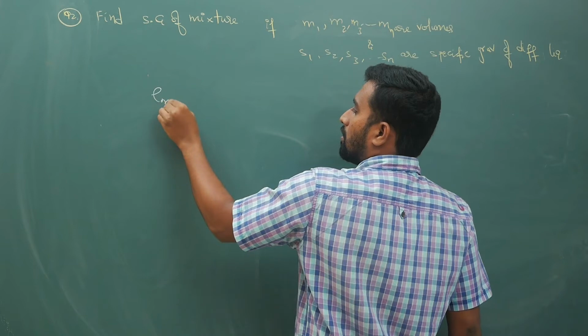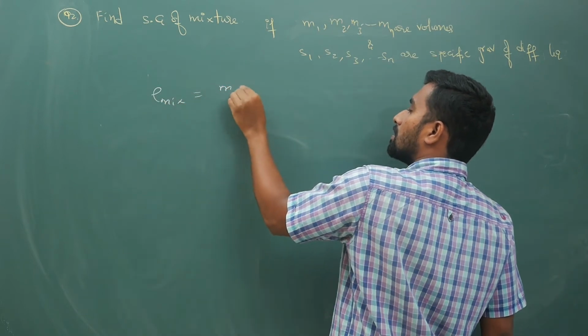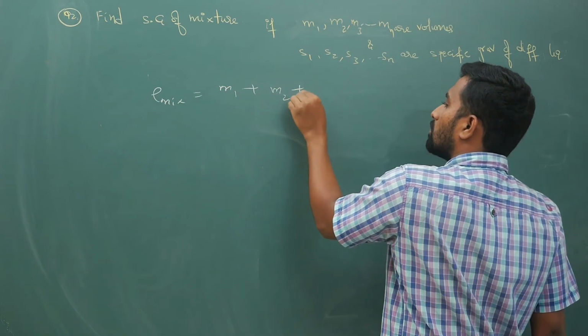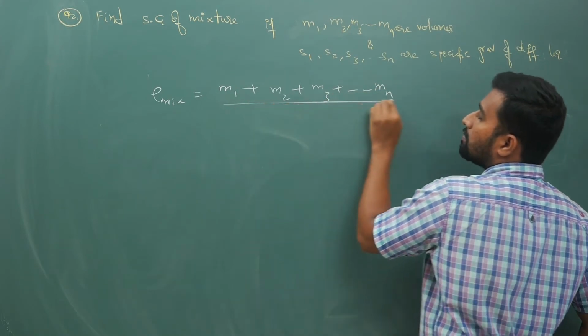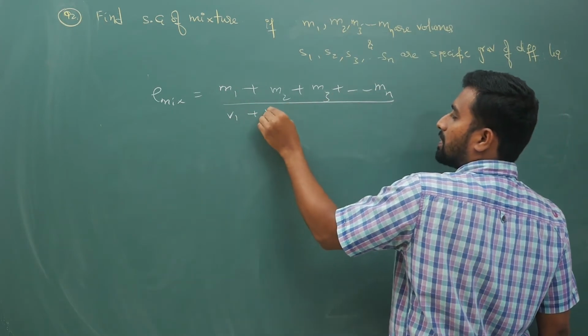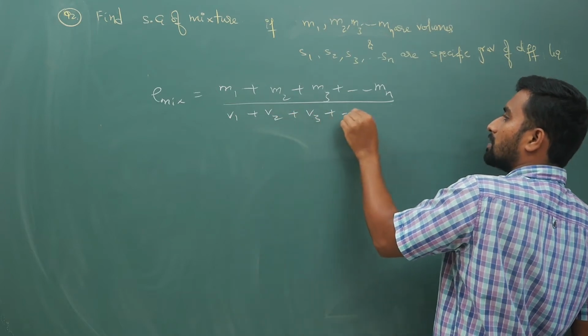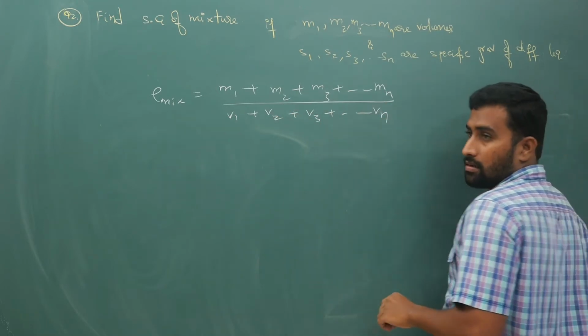So your rho of mixture is total mass m1 plus m2 plus m3 by total volume, that is v1 plus v2 plus v3 and so on up to vn.